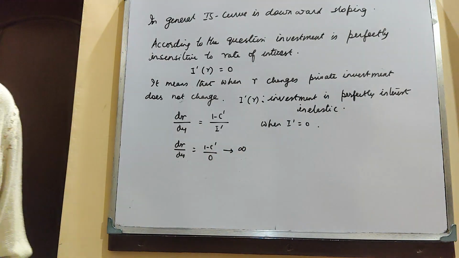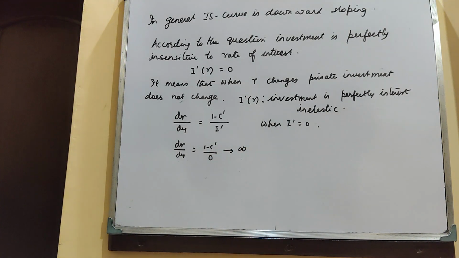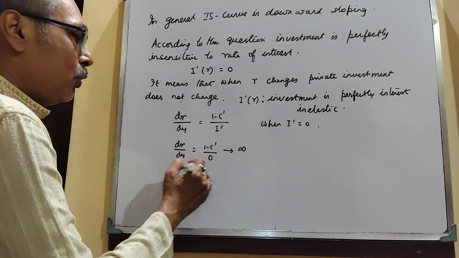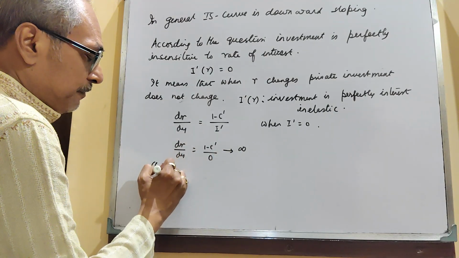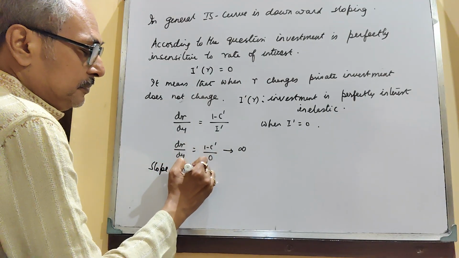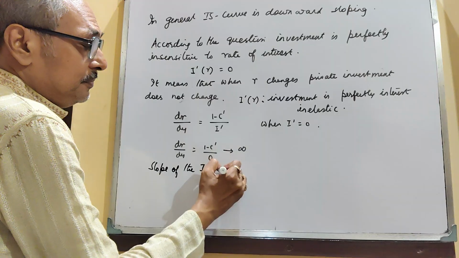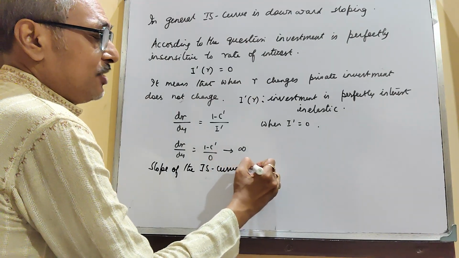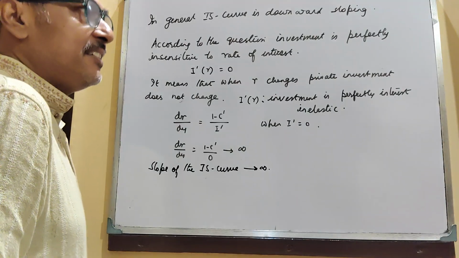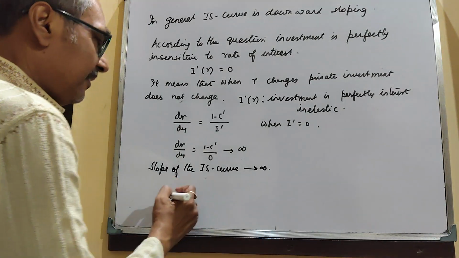Something divided by 0 means it is undefined or tends to infinity. Therefore, the slope of the IS curve tends to infinity. It means that the IS curve is vertical.